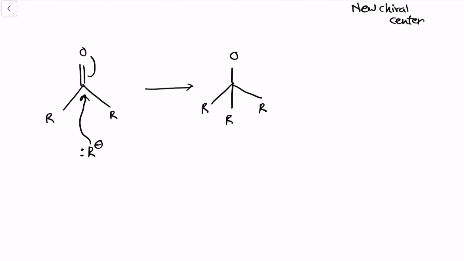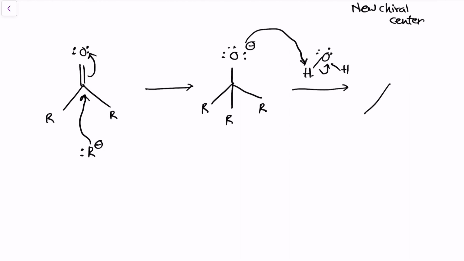When it attacks, the oxygen will take up its electrons, which already has 2 pairs. Now we'll end up having 3 pairs with a negative charge. This under further, in presence of H2O, undergoes proton transfer, where the negative charge attacks the proton, gives its electrons back to oxygen, and forms OH. So this is a common one that you can notice.